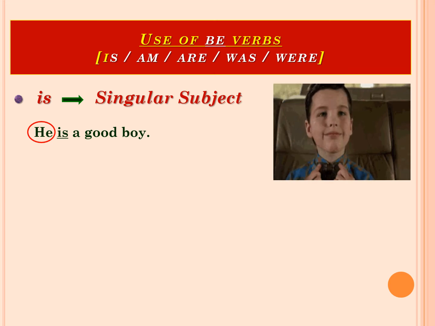Or you can say he is the subject about whom we are talking. He is singular, that means one person. So it is a singular subject. And with singular subjects, we always use "is" when we have to use be verbs.